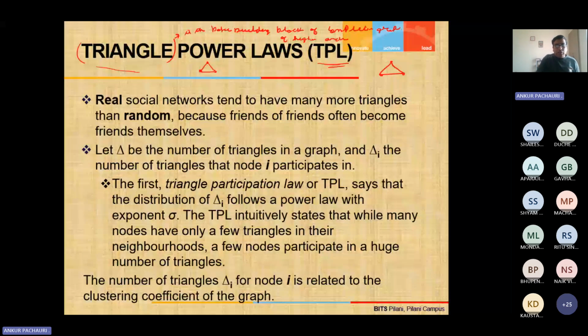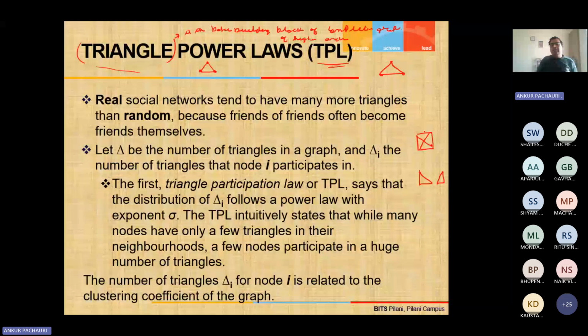Now, why did I call it a basic building block? Suppose we take the complete graph of 4 nodes. Can I construct this using a number of triangles? Yes, I can. One triangle, the other triangle, and one is this, and one is this.